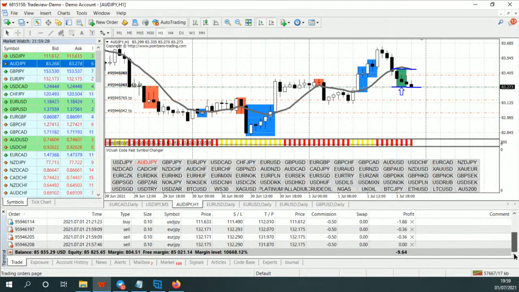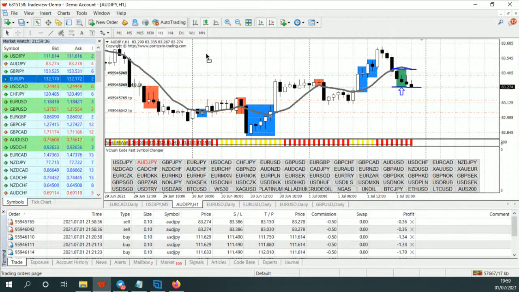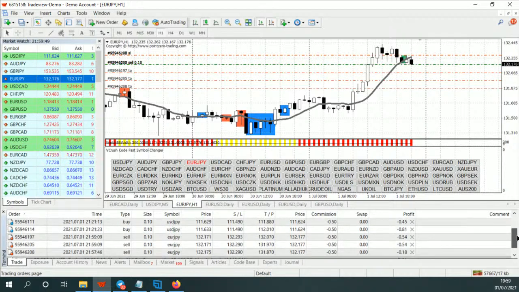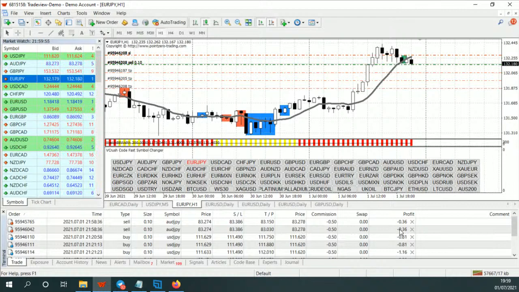Let's check EUJPY. All 3 trades on EUJPY are also triggered. That's fantastic. We don't have any orders pending any longer. Everything is now live. Every trade is now in action.